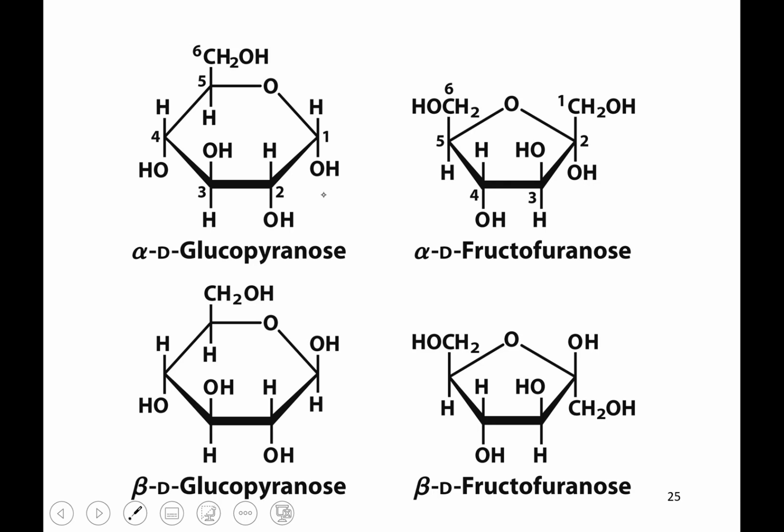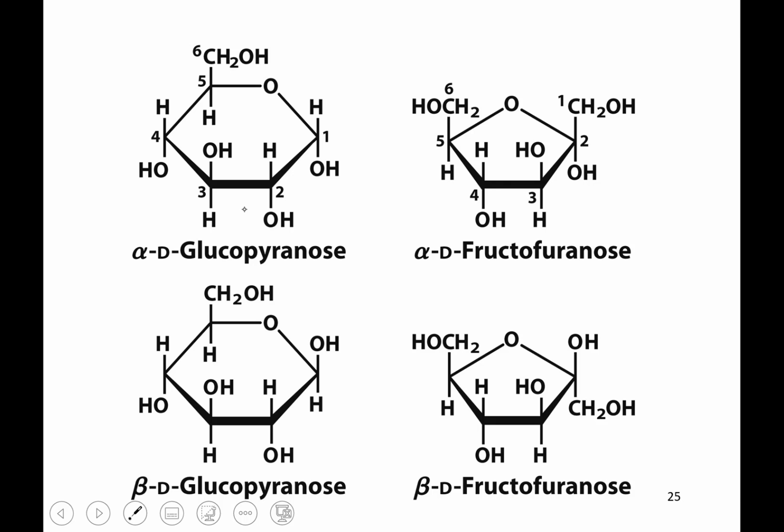Okay, D lets you know the position, which would have been on carbon 5. Okay, glucose means it's that 6-carbon sugar with this particular OH pattern. Okay, and pyranose means it's forming this 6-membered ring.